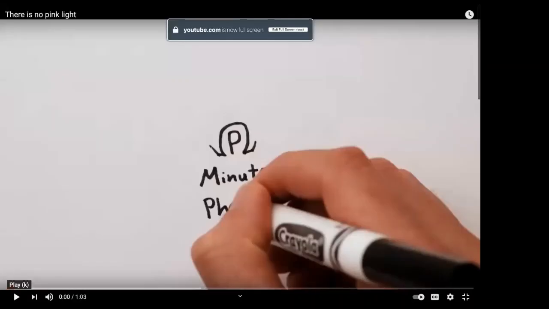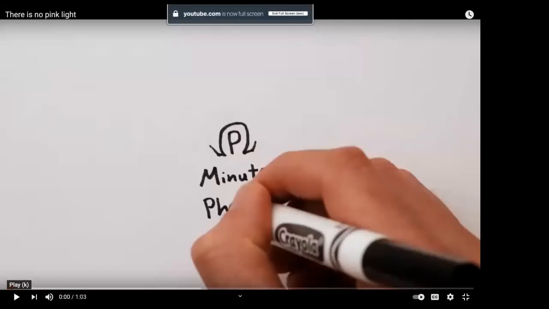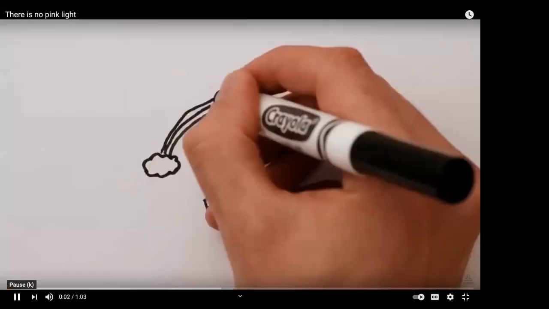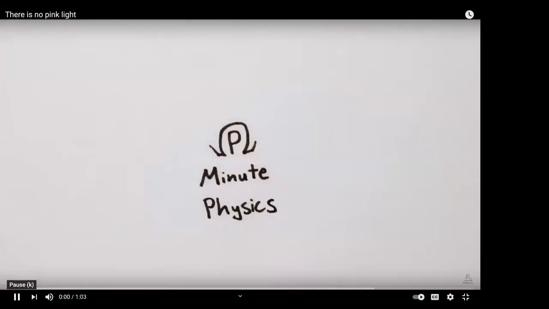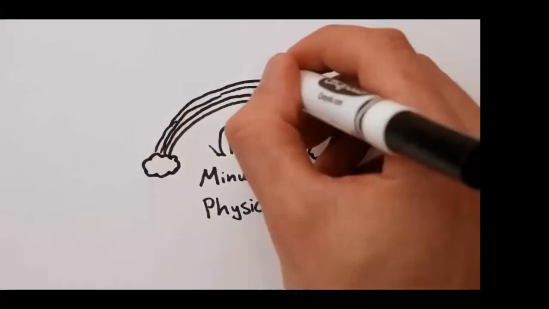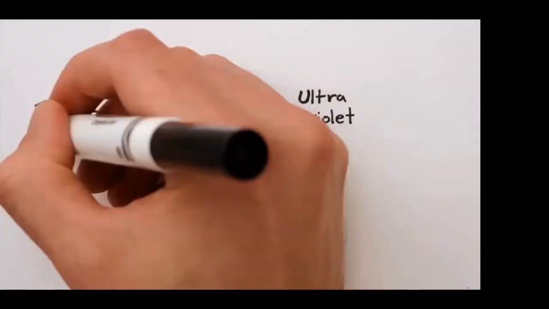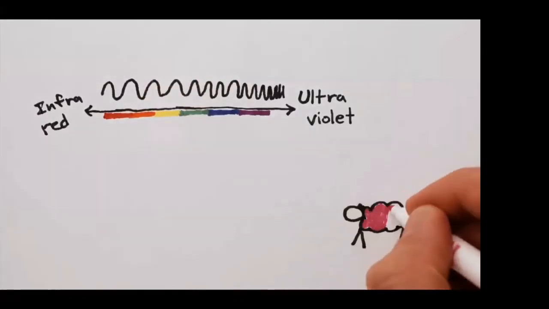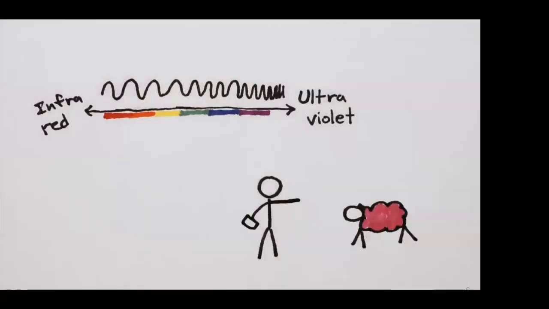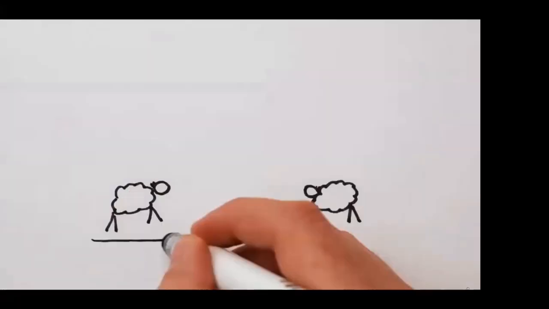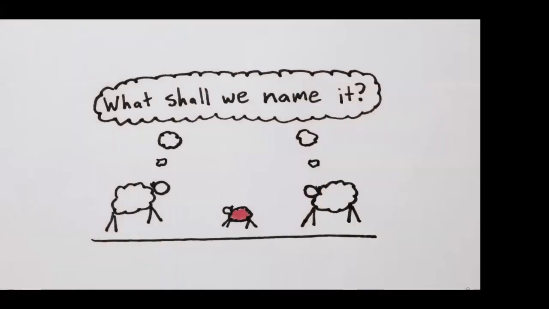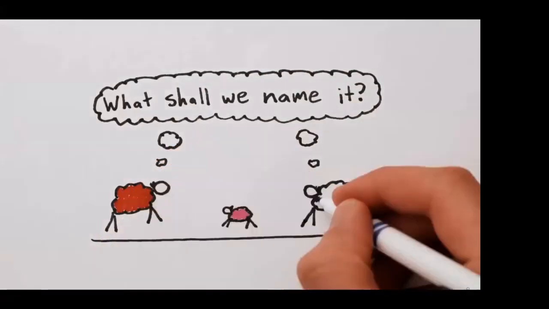All right, here's a quick explanation about why sunlight is unique. We've all been told that the colors of the rainbow correspond to different wavelengths of visible light. Red, orange, yellow, green, blue, and violet. Where's pink in that list? It's not there. There's simply no pink light. So where does pink come from? It turns out that pink, or magenta, fuchsia, or whatever you want to call it, is actually a mix of red and blue light.